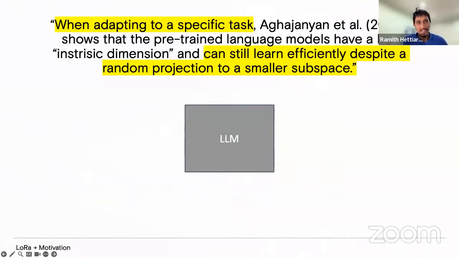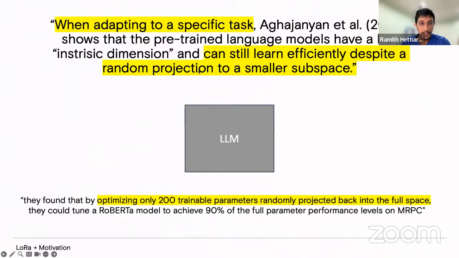With these ideas from the past, this paper asked the question. The previous paper said we can select a subset of parameters and fine tune. As I mentioned previously, optimizing 200 random parameters could still achieve 90% of the full performance of this RoBERTa model.